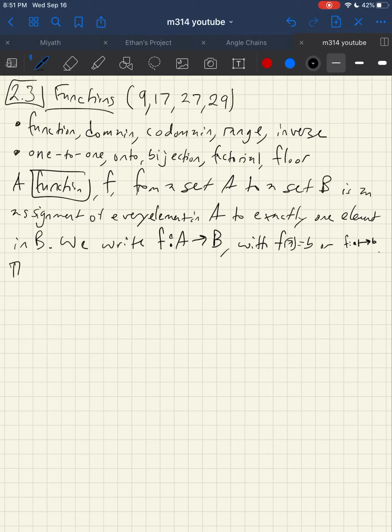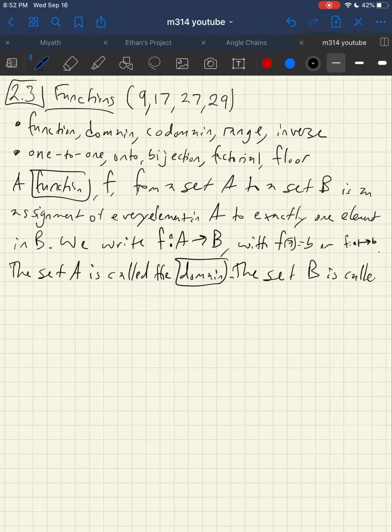All right, so the set A is called the domain. The set B is called, I'll pause to take a sip of tea while you guess, the codomain, or target.